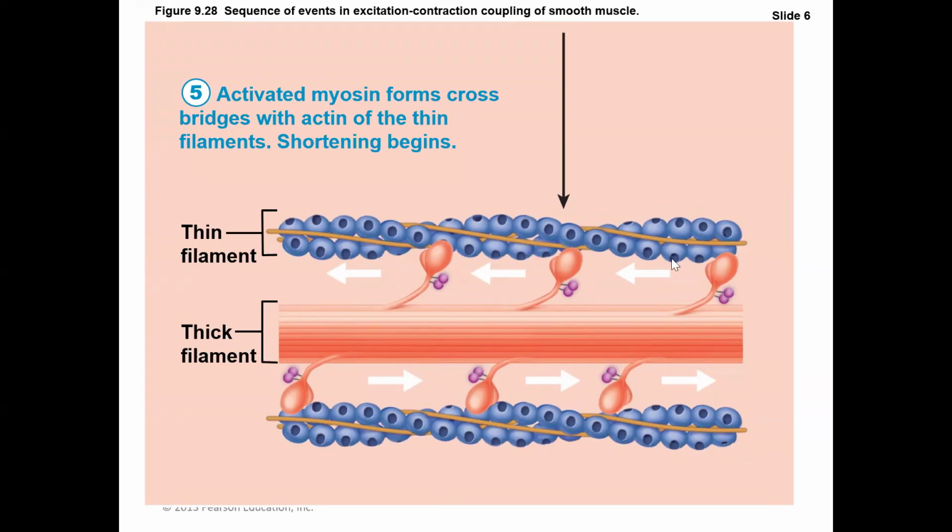For skeletal muscle, the binding sites on actin were covered up by a protein called tropomyosin, and you needed calcium to expose binding sites on the actin. But here in the smooth muscle, the binding sites where myosin likes to bind are not covered up. So that means calcium is being used a different way for a smooth muscle contraction.